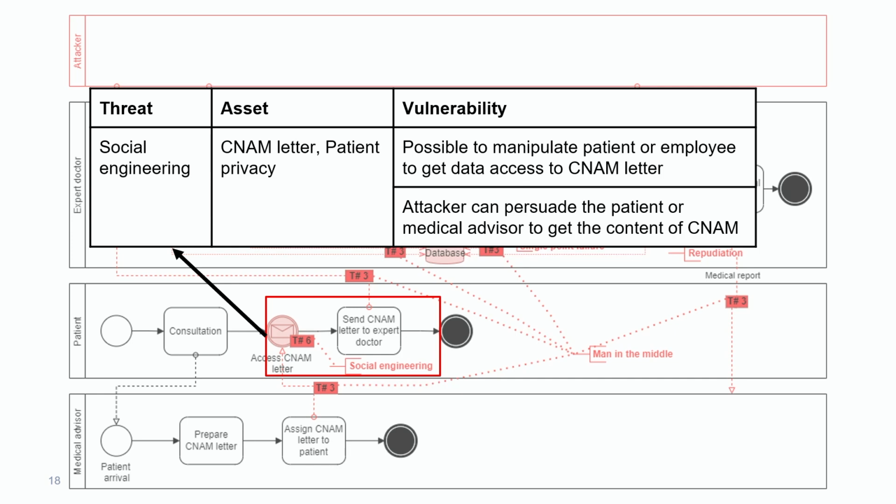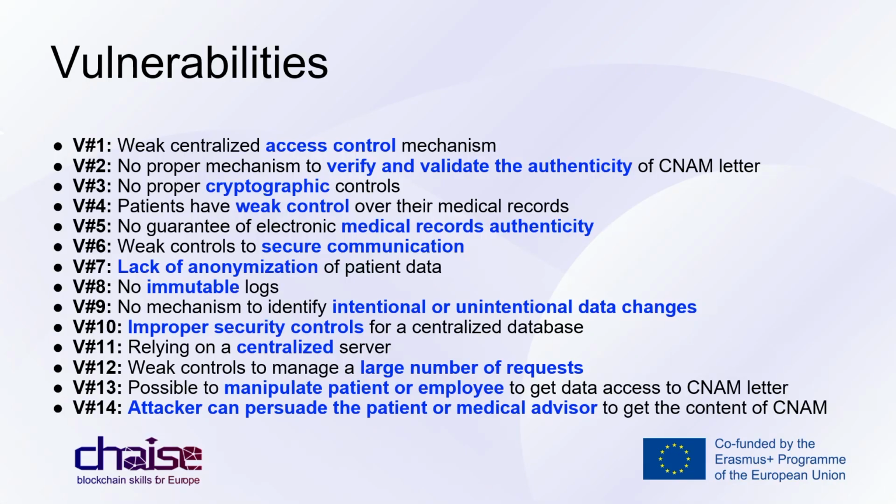So, successful social engineering attacks can impact the CNAM letter and patient privacy. On this slide, we have listed all the vulnerabilities related to the different security threat points we discussed in previous slides.